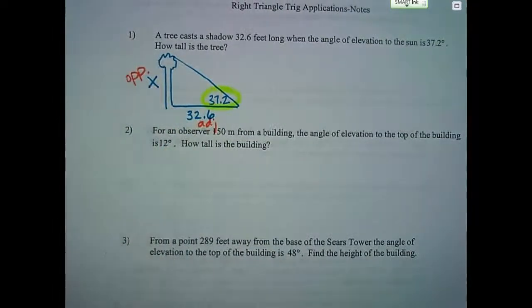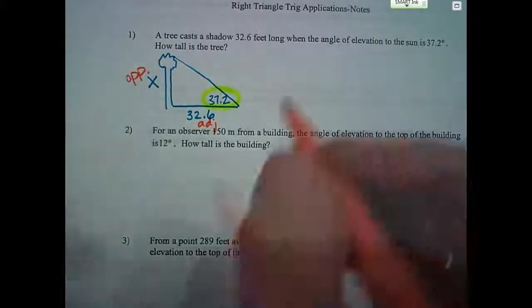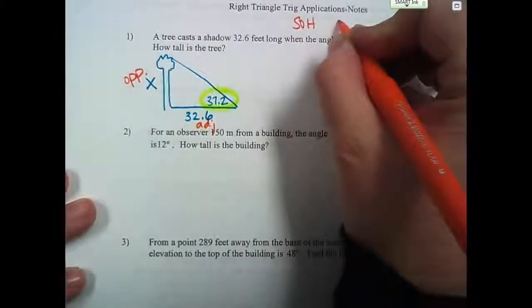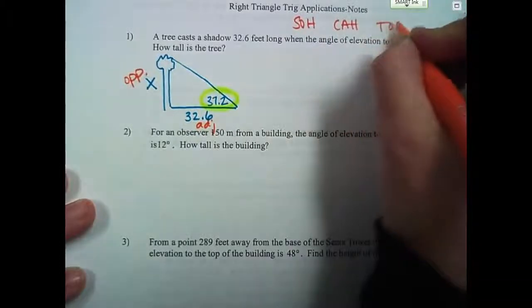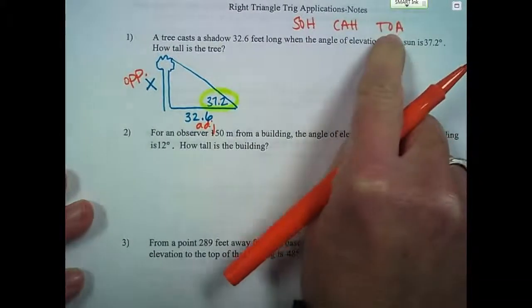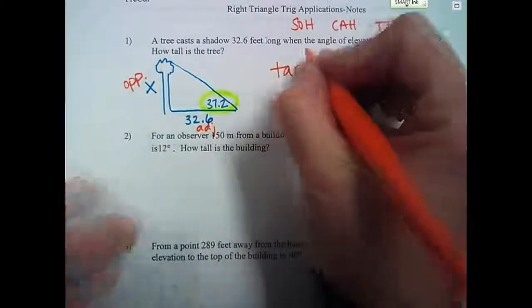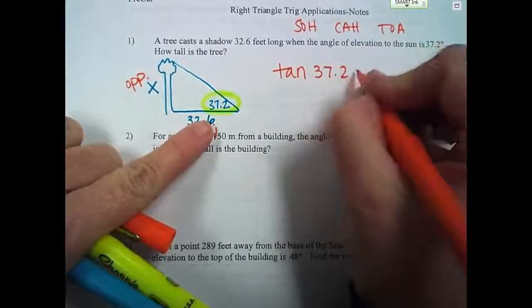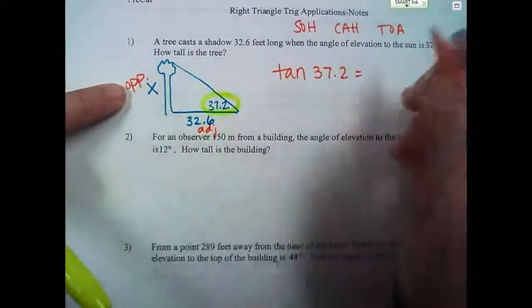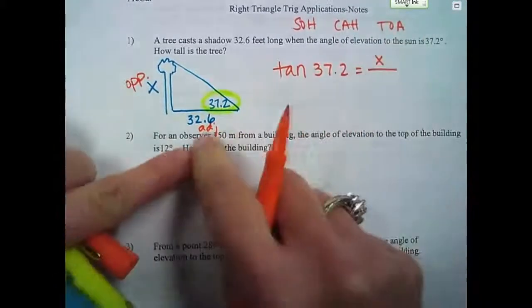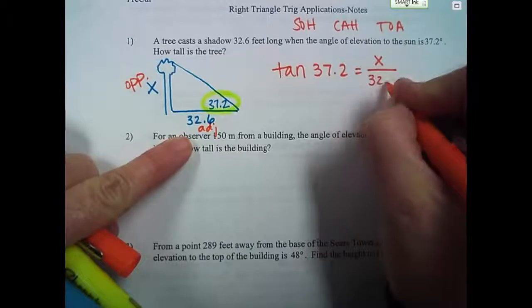If I'm using opposite and adjacent, remember SOHCAHTOA, what am I using? Tangent. So tangent of my 37.2 is the opposite measure, which is my x, over my adjacent measure, 32.6.